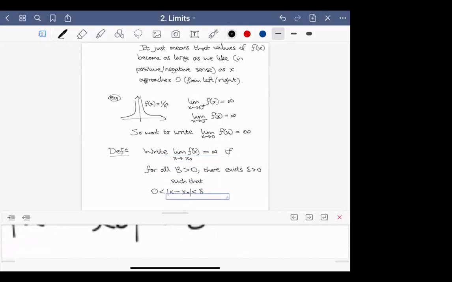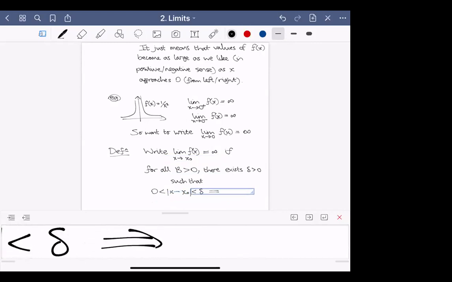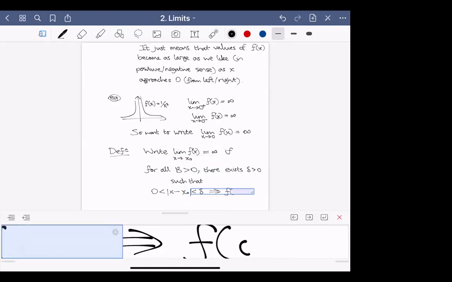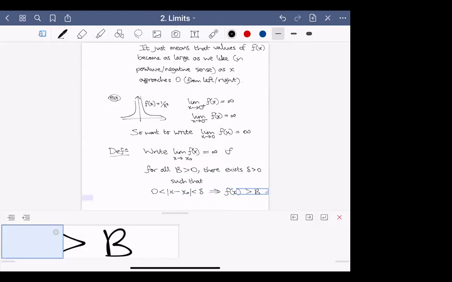If x is close to x0, but not equal to x0, this is the thing we were talking about at the beginning, it's still there, then f(x) is greater than b.